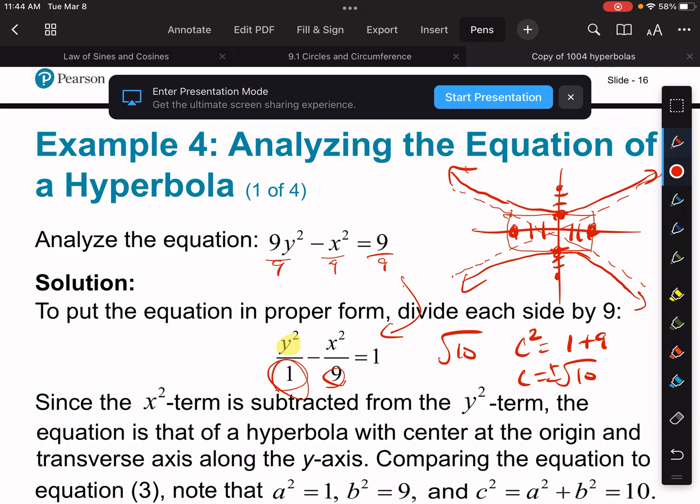Okay, so if you'll notice here, what's related with y is this 1, and what's related with x is 3, because 3 squared is 9, right? So when the y squared term comes first, it's just going to be a over b x. Okay, so here the a term is 1 and the b term is 3.